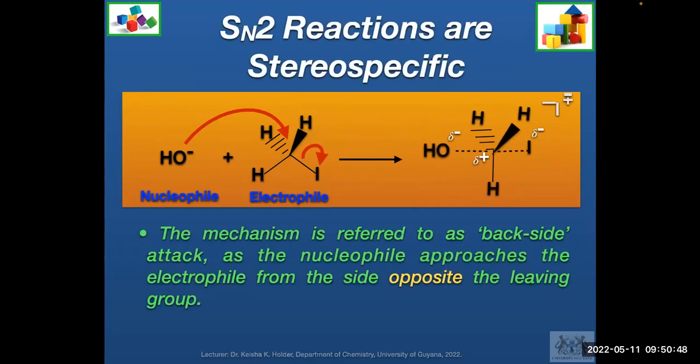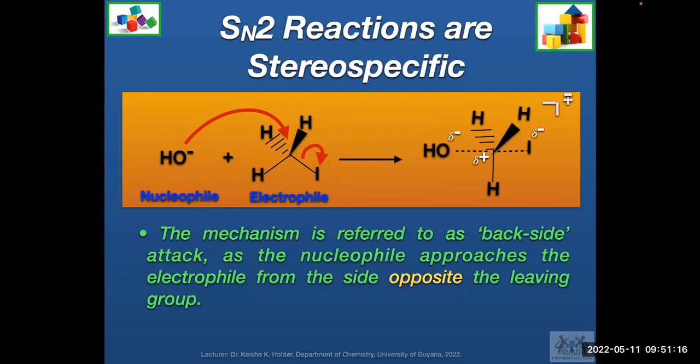So it means then that in the mechanism of this reaction, there is an attack by the nucleophile that is coming from the opposite side when positioning the leaving group. So in other words, wherever the leaving group is, the nucleophile is going to come from the other side. That is referred to as a backside attack.